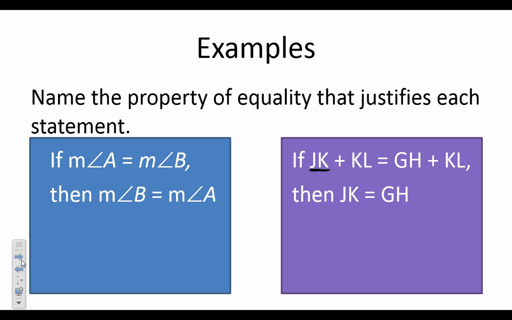I see a JK here, and I see a JK in my answer. I see a GH here and a GH in my answer. But my original had the distance between K and L, right?